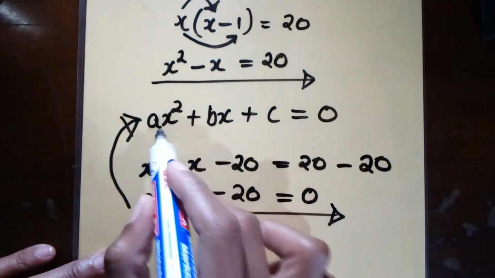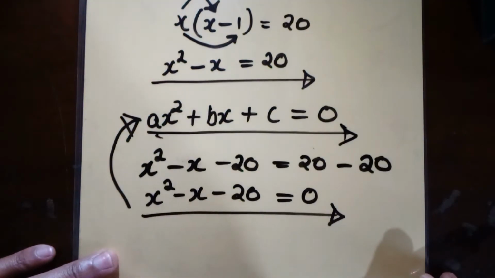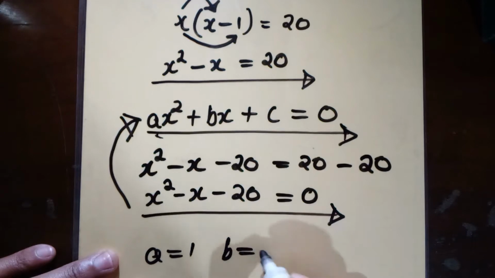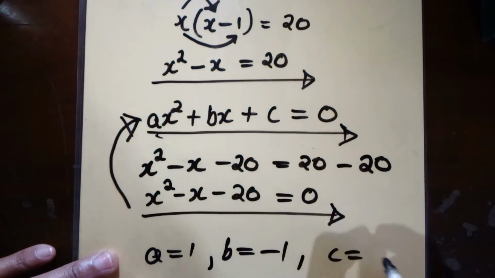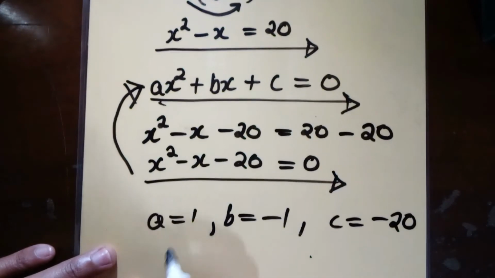Using the standard form of a quadratic equation as reference, we can see that a equals 1, b equals -1, and c equals -20. So we have now determined the value of a, b, and c for this equation.